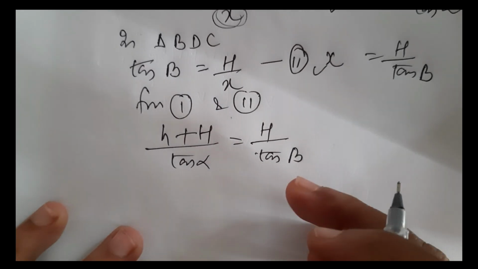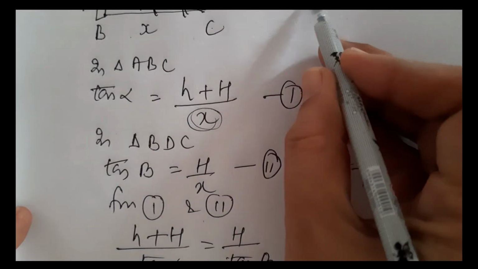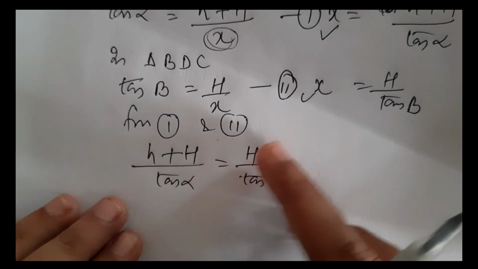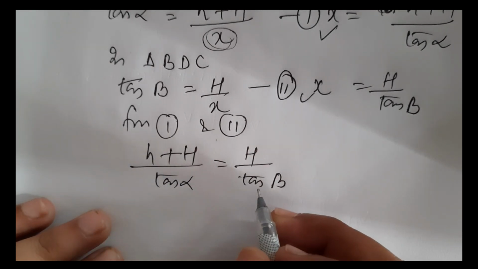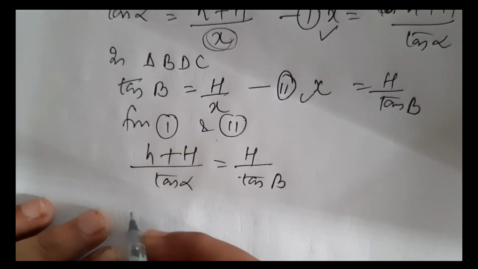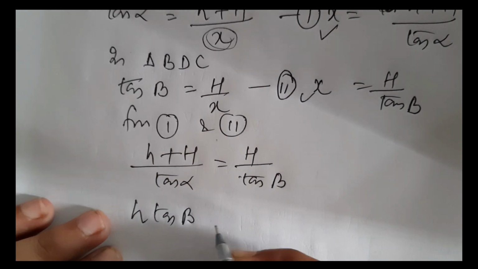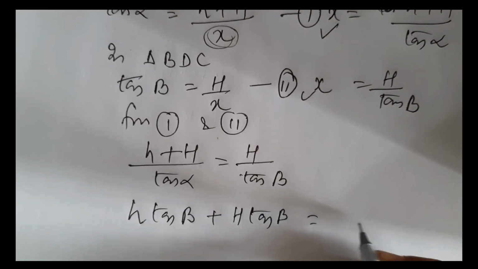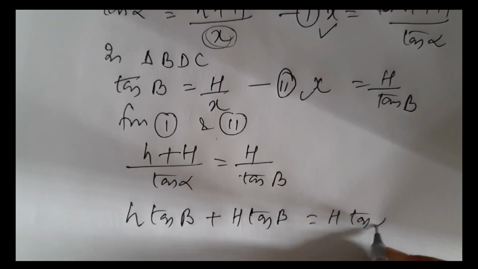Now we can shift tan alpha and do the cross multiplication. Multiplying, h tan beta plus capital H tan beta is equal to capital H tan alpha.